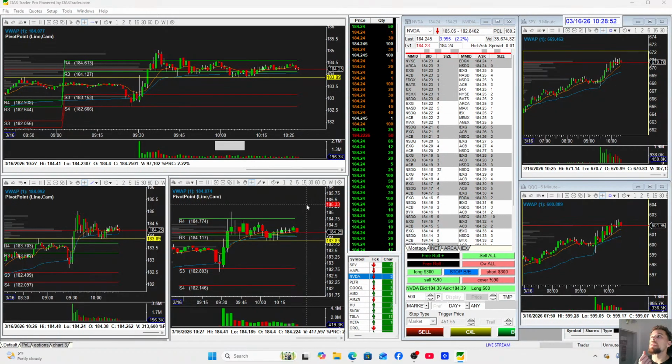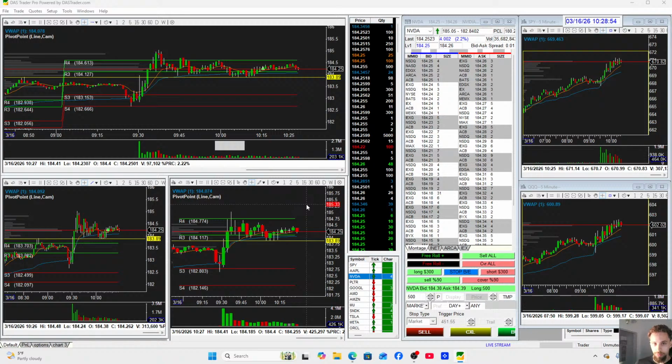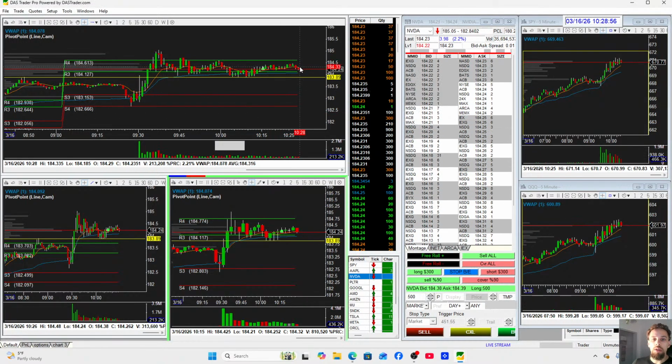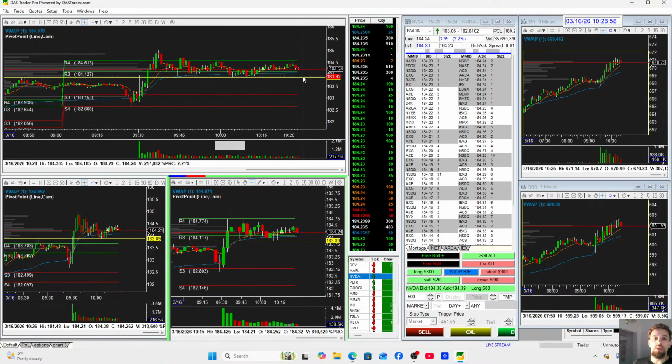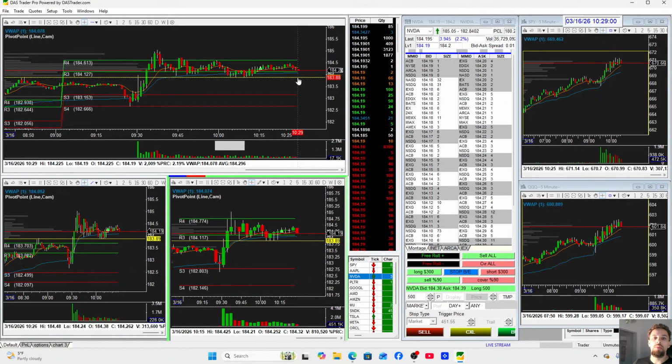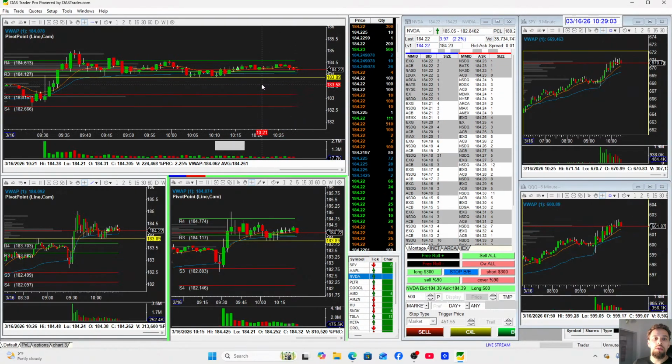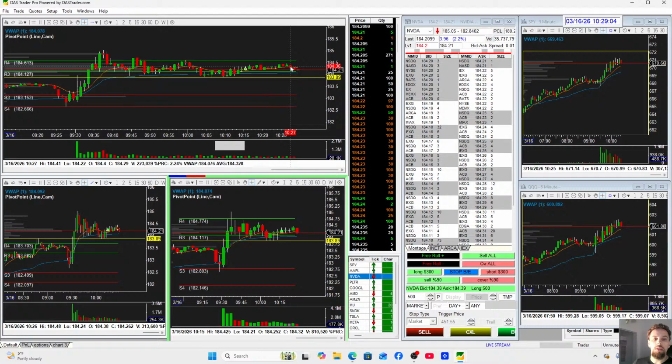Wouldn't be surprised if the stock comes down, tests the bottom of this range, wicks right through, gets bought back up. Stocks like to do that as well.